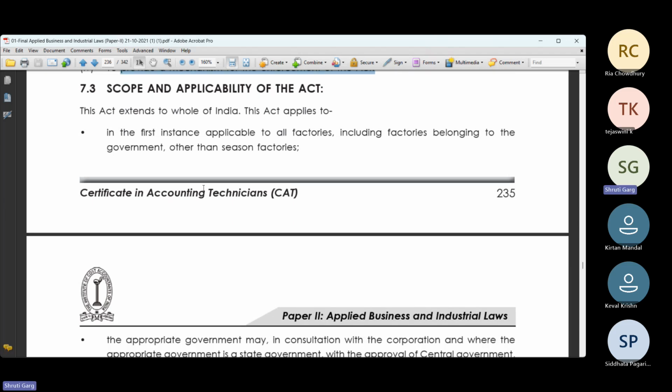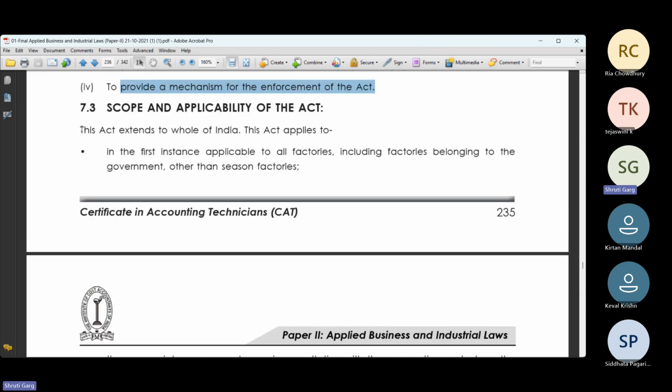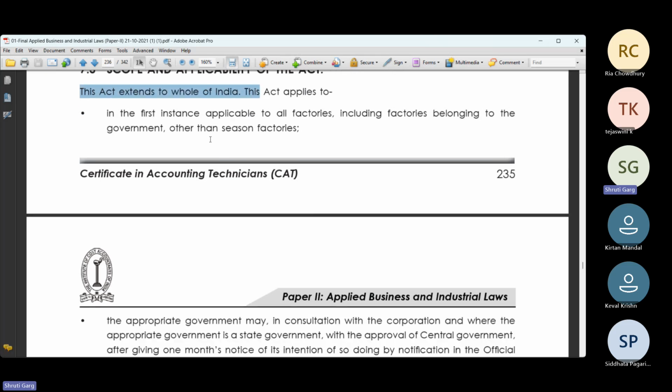The scope and applicability of this act: it extends to the whole of India. This act applies, number one, in the first instance, to all factories, including factories belonging to the government.